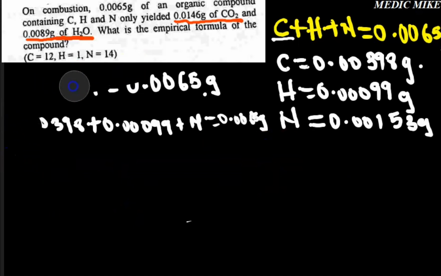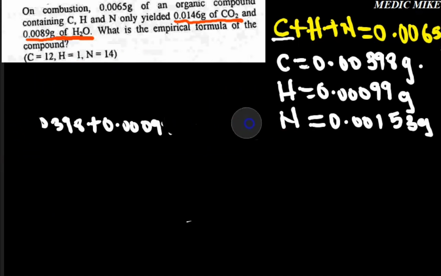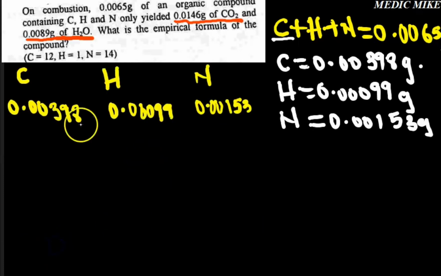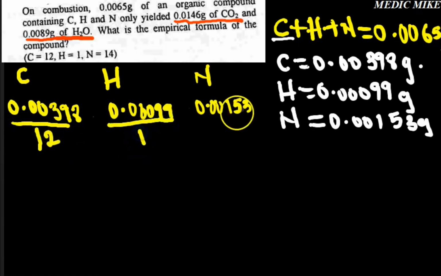So since we have our respective masses here, what we have to do next is to look for our empirical formula. Following our rule 1, it says we should divide each mass with their molar mass to find their respective mole. So this will definitely be carbon. The mass of carbon is 12, and here the mass of hydrogen is 1, and over here the mass of nitrogen is 14.